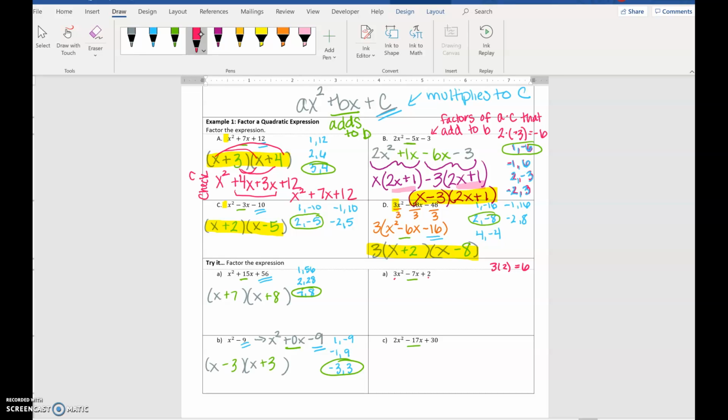So we're going to do the multiples of 6. So here's the multiples, and we want what adds to negative 7. So these ones right here, negative 1 and negative 6. So now, remember, we rewrite it as 3x squared, and then we write negative 1x and minus 6x and plus 2.